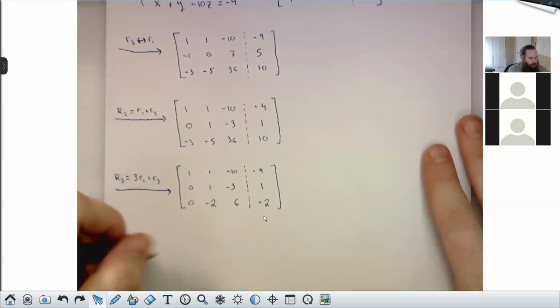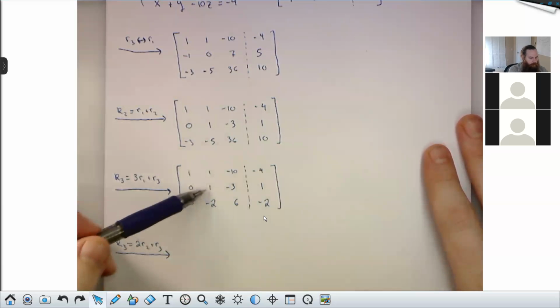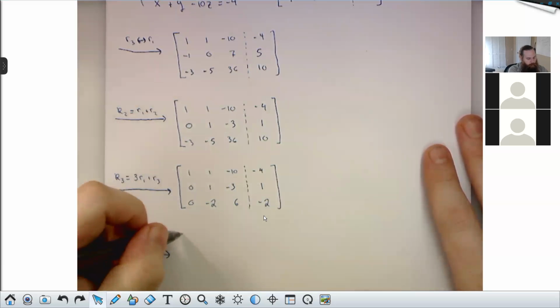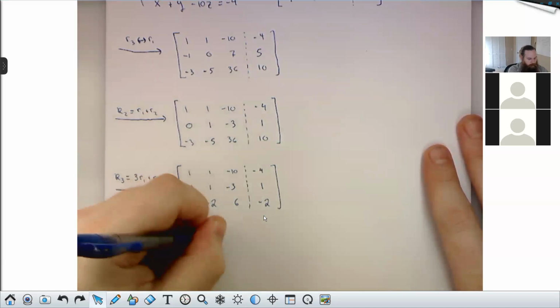To get that 0 beneath, my new row 3 will be 2 times old row 2 plus old row 3. Multiply row 2 by 2, add it to row 3. That will get rid of that. So rows 1 and 2 don't change.